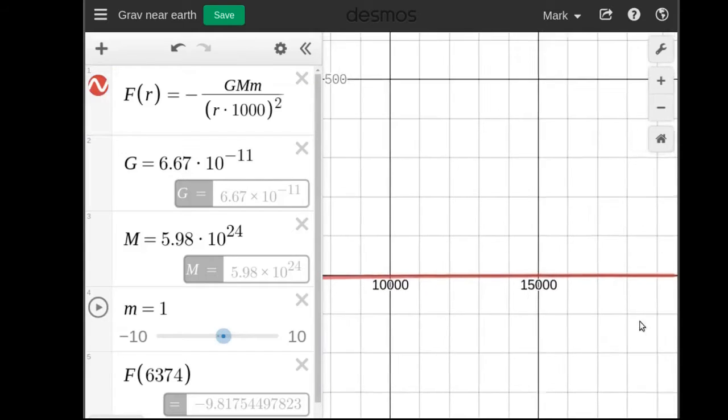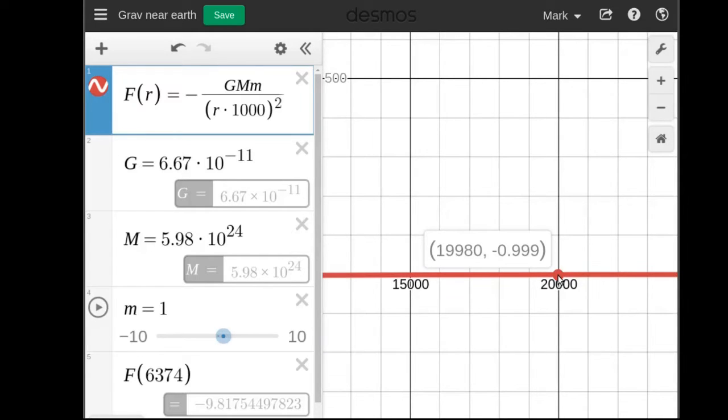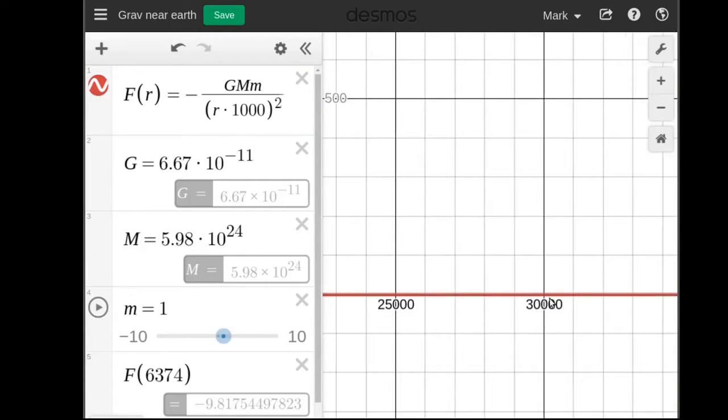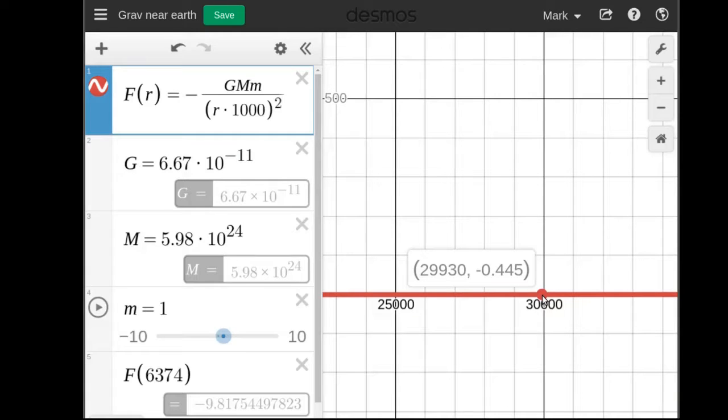And if I go further away, say 20,000 kilometers, it's down to about 1 newton. So you can see that you can get really far away, and the force is still measurable. It's not huge anymore. It wasn't huge to begin with, but it's certainly measurable.